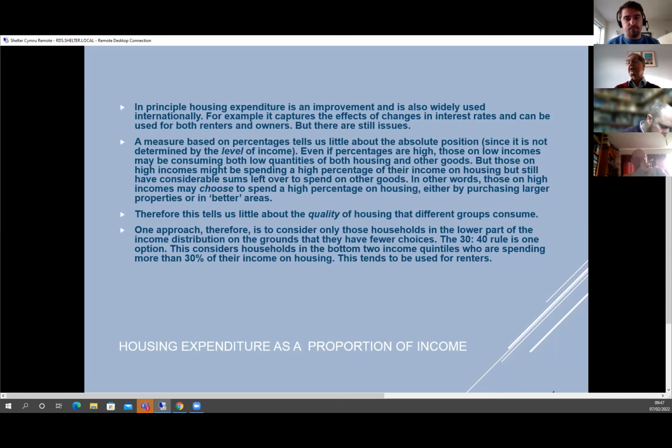Rather to my surprise, the work suggests that at least for renters, there does appear to be a relationship between paying more than 25% of your income in rent and actually experiencing financial stress. Furthermore, the stress falls significantly for the higher income groups, and there really isn't stress for those in higher income groups. So even though there are theoretical disadvantages for this measure, empirically it seems to work tolerably well.